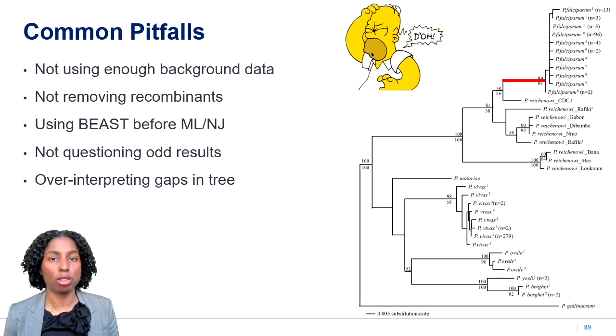Next, always question odd results and review the models and priors used in the inferences, your alignments, and what has been already described in the literature. Finally, always be cautious of overinterpretation, particularly in sections of the tree where gaps may exist.